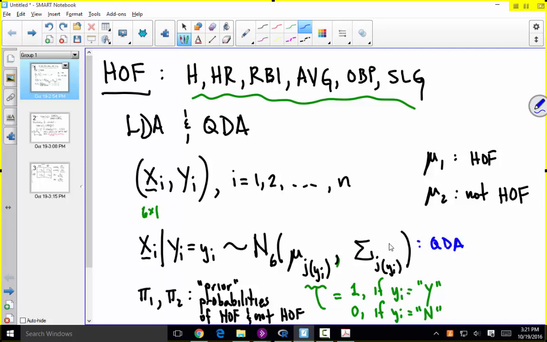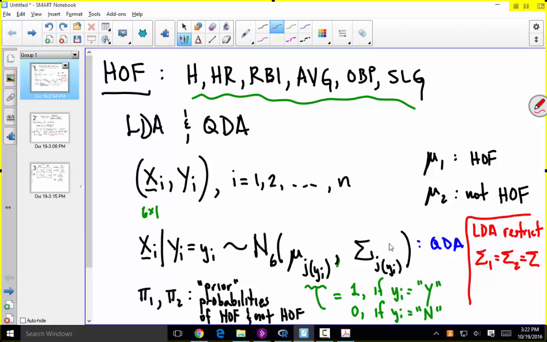That's what QDA does. What LDA does is restrict sigma 1 to be equal to sigma 2, to be some common sigma. LDA makes the assumption that each class is allowed its own mean vector, but they all have the same covariance matrix. QDA is more flexible by allowing class-specific covariances.